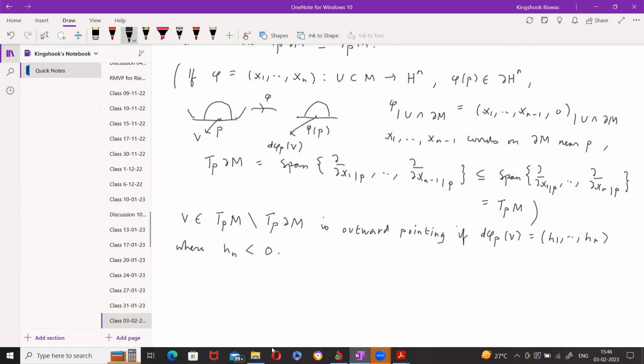Is this clear? So this is an outward pointing vector. Again, you can check this is well defined, independent of the choice of chart phi.